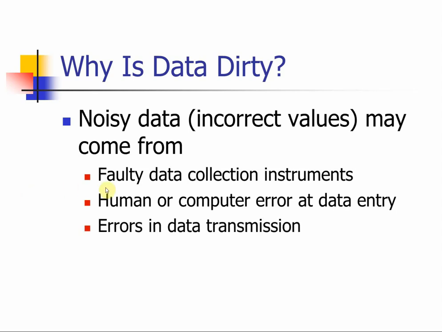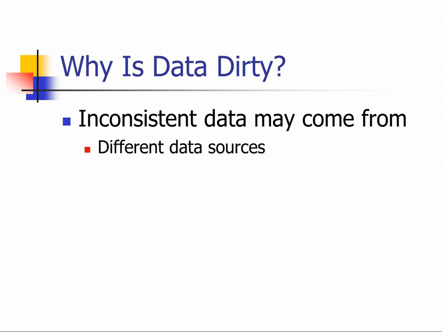Errors in data transmission, transferring from one computer to another computer, from one program to another program. A lot of things can happen in between. So inconsistent data may come from different data sources, because you may have two or three different data sources. Take Amazon: you can have Amazon JP, Amazon United States, Amazon UK. They can sell the same thing, the same video game.